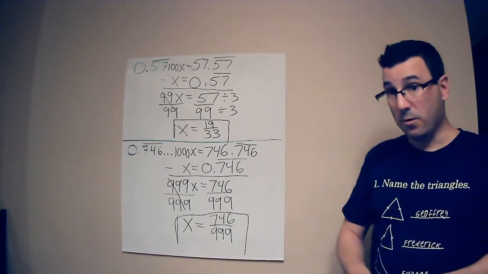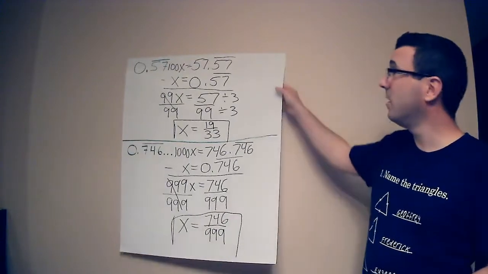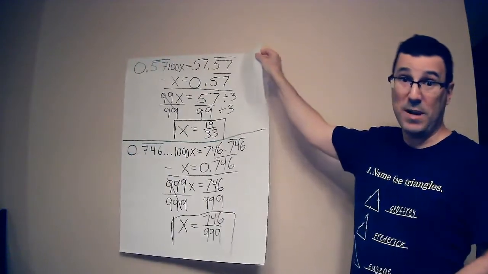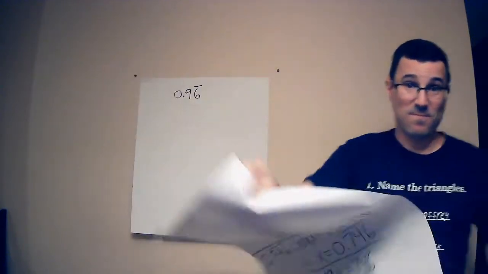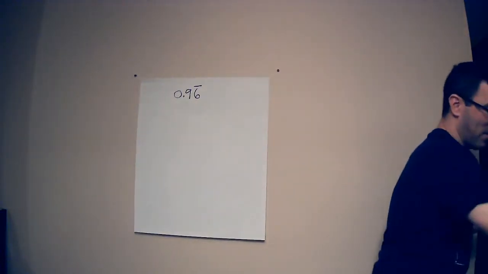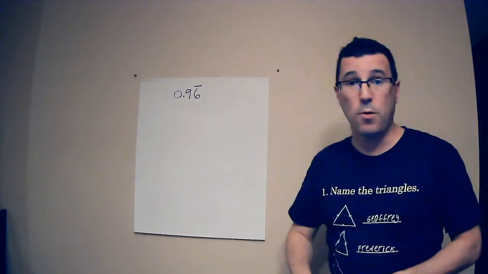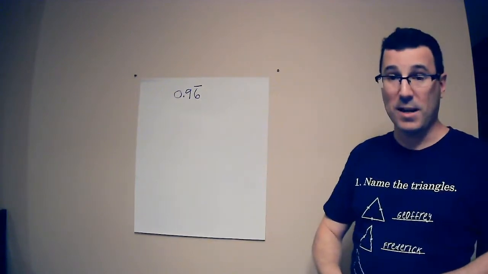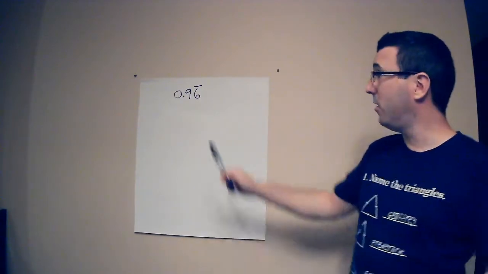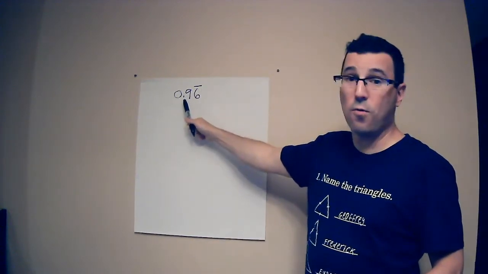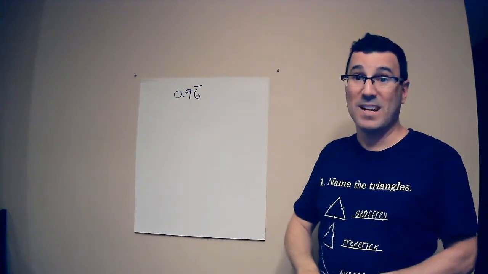We got one more, because not everything is going to have every number in the decimal repeat. What I have here is 0.96 repeating. And I'm saying it like that because you'll notice that the repeating line is not over the 9. That's important.